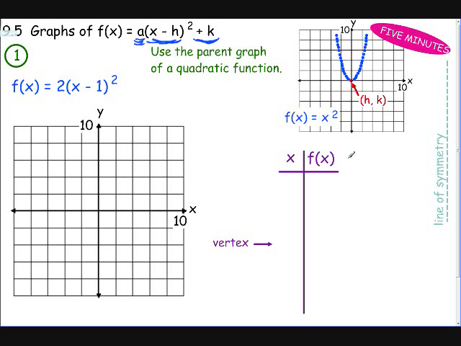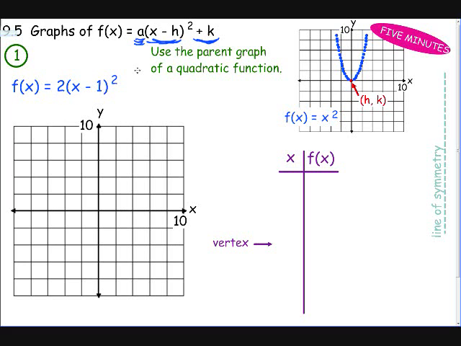We know that h and k represent wherever my vertex is. And what else do we know? We actually know so much about a quadratic. We know that the line of symmetry is going to pass right through the vertex. I'm going to put that over to the side. We'll use it on this one.